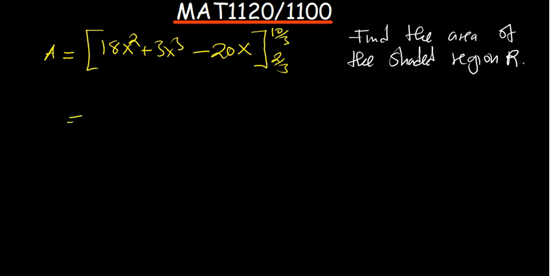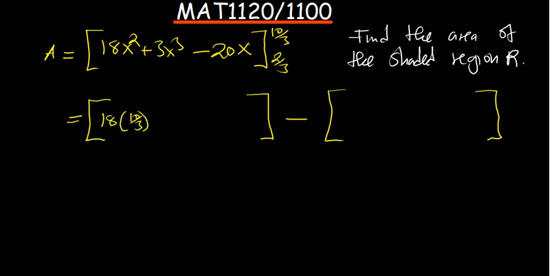And from there I'll write this thing twice, but I'll separate them by a subtraction symbol. I'll get the upper limit and substitute where there is x. So that is going to be 18 where there is x, that is 10 over 3 squared, plus 3 where there is x, 10 over 3 to the power 3, minus 20 where there is x, 10 over 3.